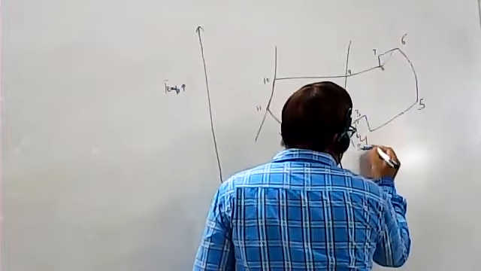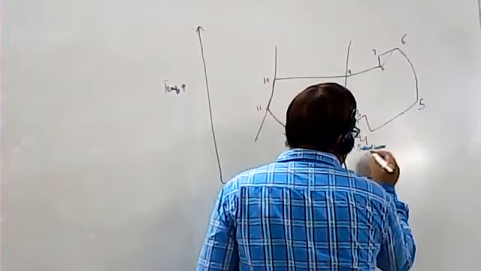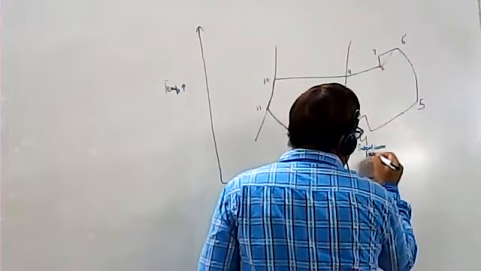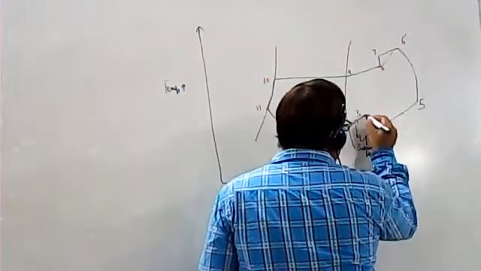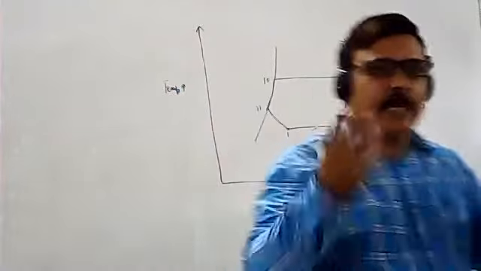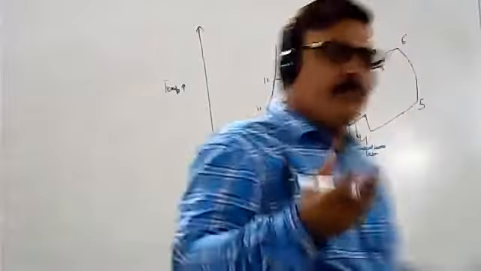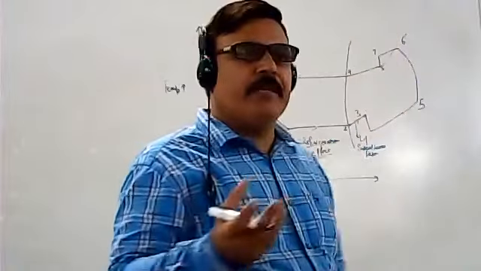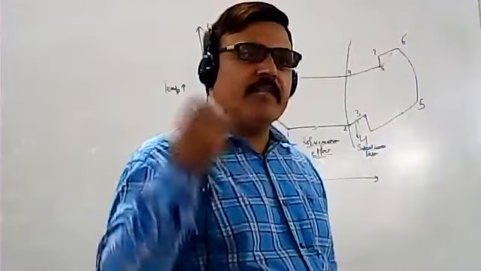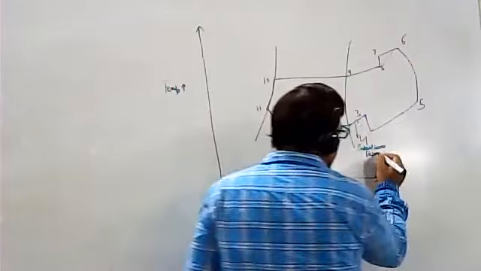Look at here, this is the superheated vapor. When the refrigerant is coming from the evaporator, because it is taking more heat from there, the refrigerant is totally converted into superheated vapor.